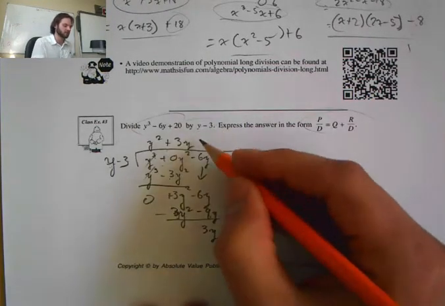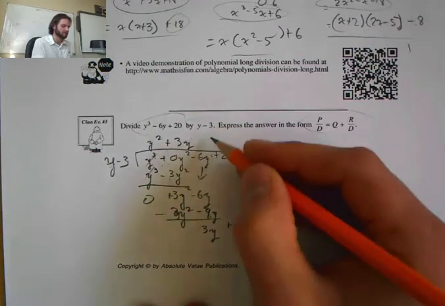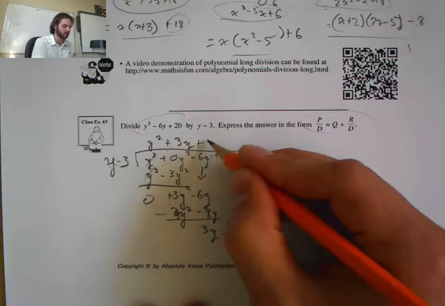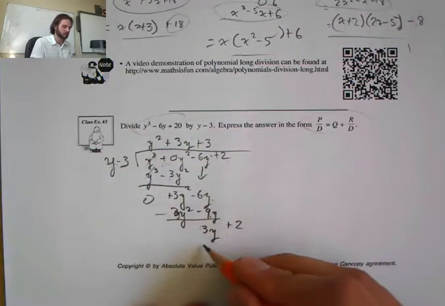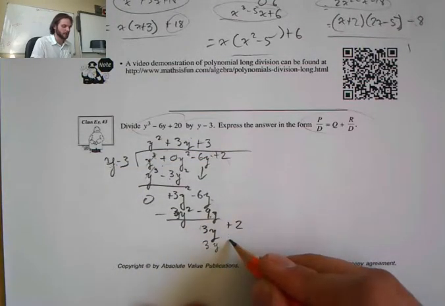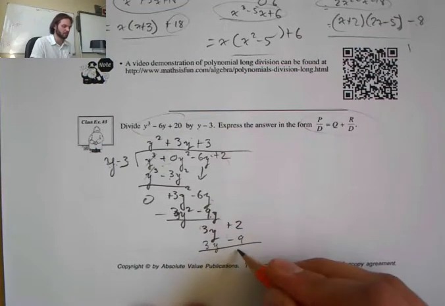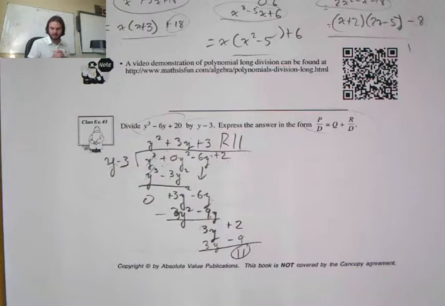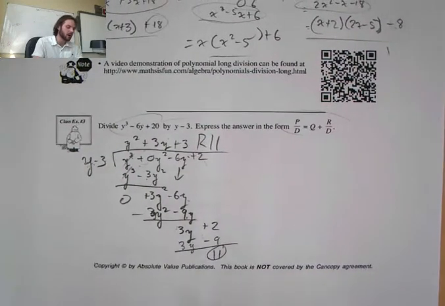Okay, so now let's take a look at this here. I'm going to see what goes in. I multiply it by 3, so plus 3. 3 times that gives me 3y minus 9. Okay, so I'm going to get 11. All right, so if I look at this now, I'm going to write this out.